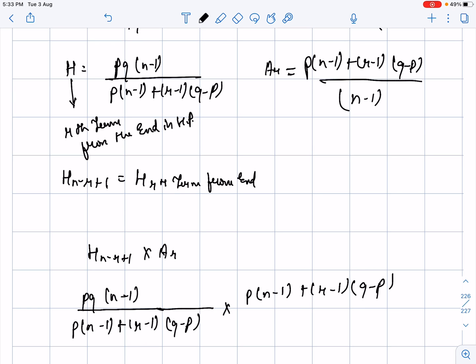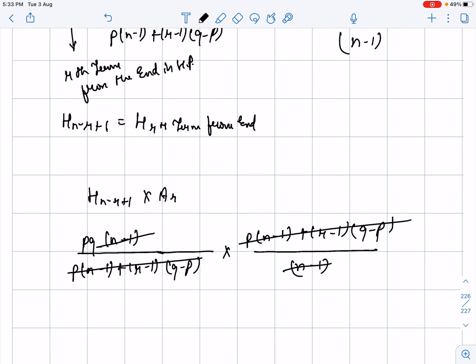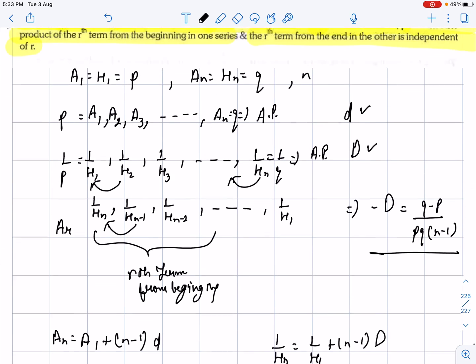We have to prove that the product of the rth term from the beginning in one series and the rth term from the end in the other series is independent of r. So we got the final answer as pq, which is not dependent upon r. Hence we have beautifully proven this. Hope you guys understood it and enjoyed it. Thanks for watching, my dear students.